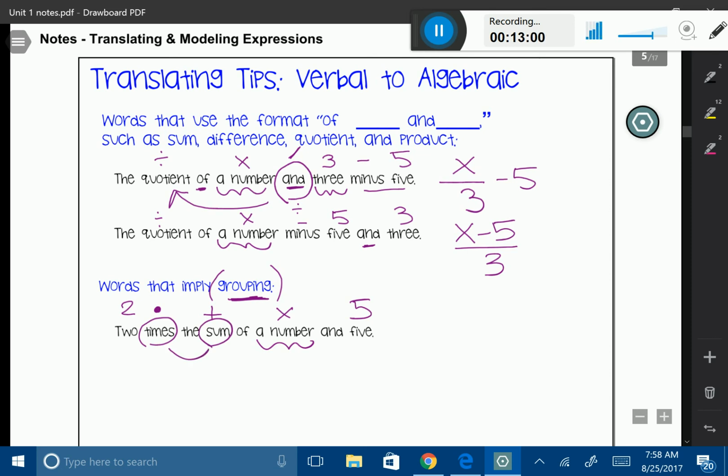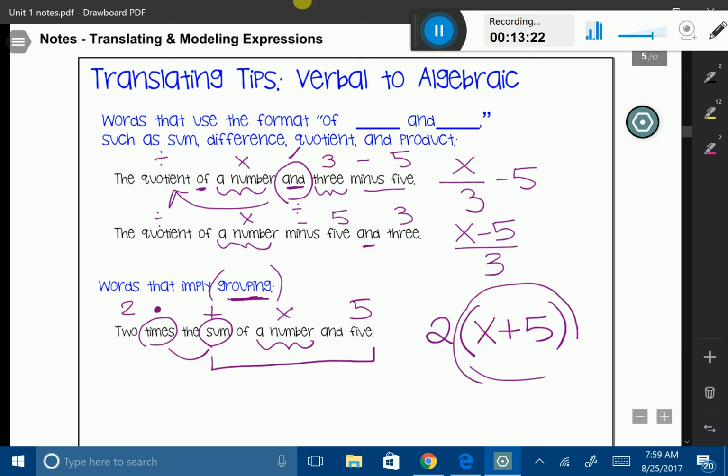Sometimes this will indicate that you need to group some numbers together. I want to say 2 times, and now I'm looking at this piece, the sum of a number and 5. So a number plus 5. This piece right here is what we like to call a quantity. So 2 times the quantity of x plus 5.